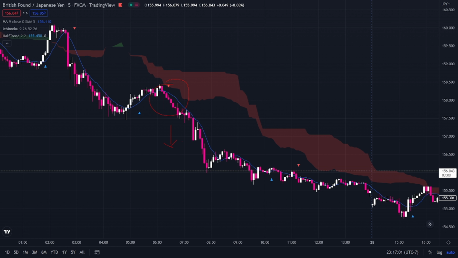So if you're looking for more pips, I would say trade on a higher time frame. And it also depends on what you're trading as well. So you're going to have to be very familiar with what you're trading. To start off with this strategy, you want to use your favorite pair that you've been trading for the past couple months, or what you're familiar with.